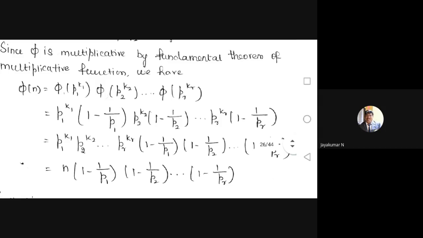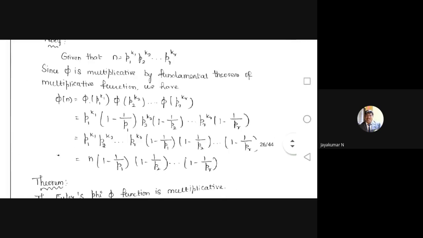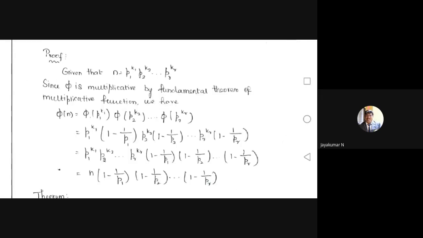So phi of n is expressed as n into 1 minus 1 by p1 into 1 minus 1 by p2, up to 1 minus 1 by pr, if n can be expressed as p1 power k1 into p2 power k2 up to pr power kr.